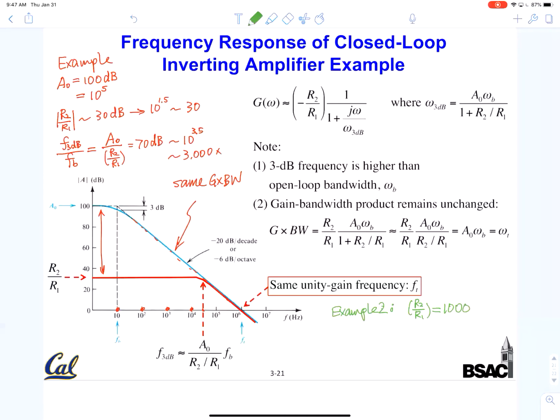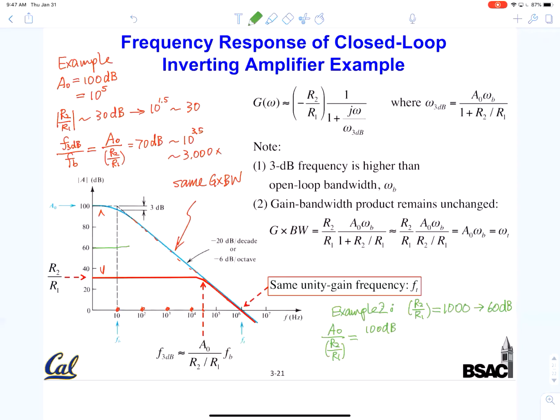And if you convert to dB, this will be 60 dB, 20 log, so that's 60 dB. So my low frequency gain will now be here. And what about my 3 dB frequency? We can do this again, A0 divided by R2 over R1. So this is 100 dB.